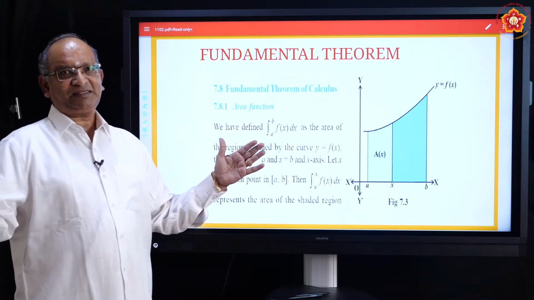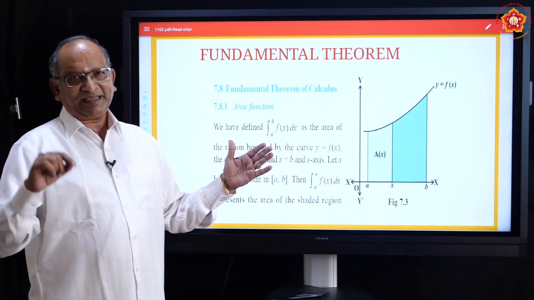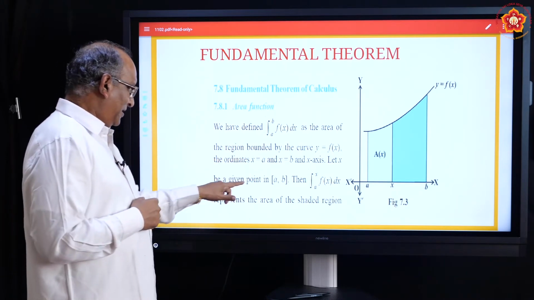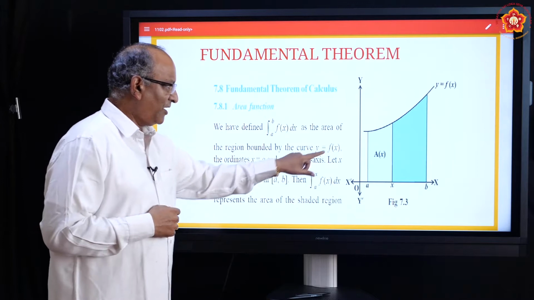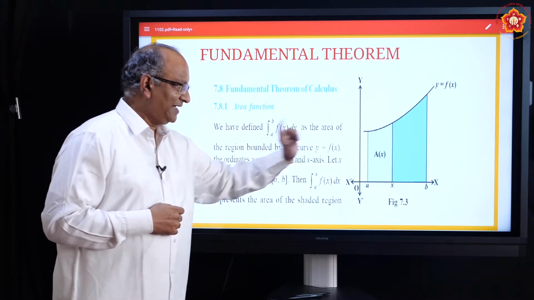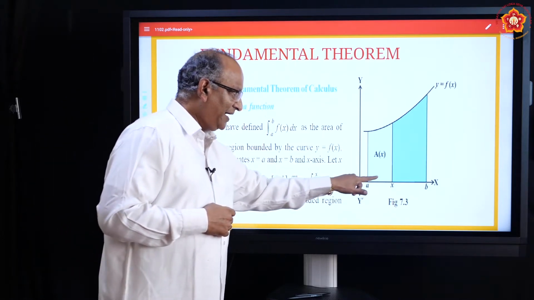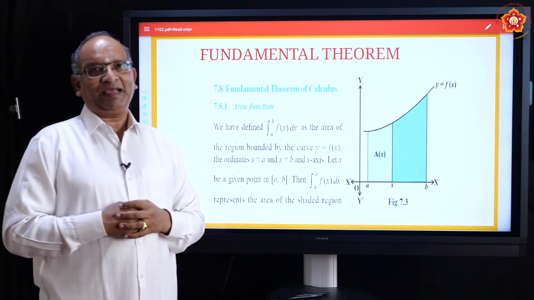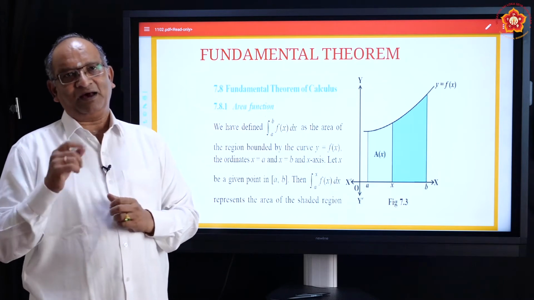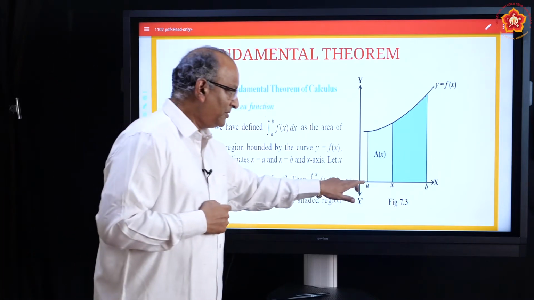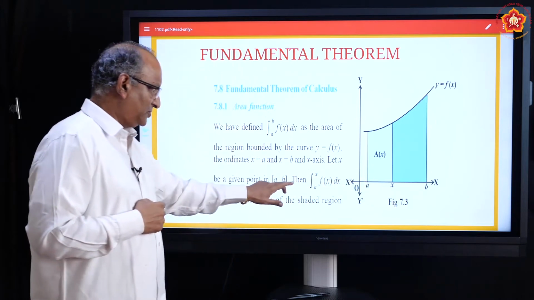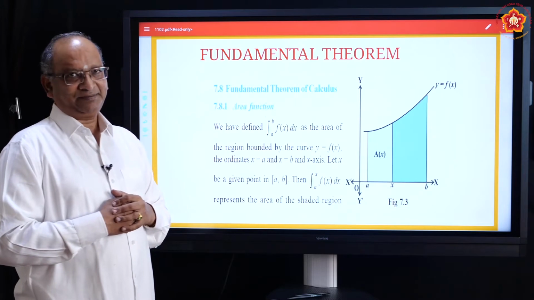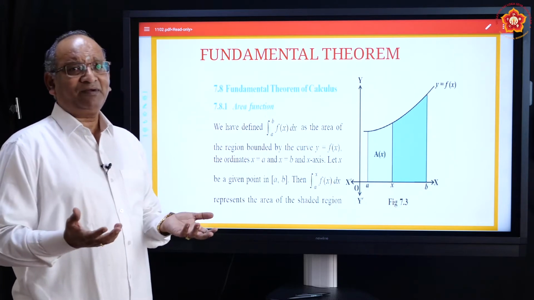On the x-axis interval we are taking a point whose x-coordinate is x. To calculate this first area, we have to integrate from a to x. This particular shaded area, which we write as A of x, means area at x. We integrate between a and x, so the integral from a to x of f(x) dx represents the area of the shaded region. Very simple.